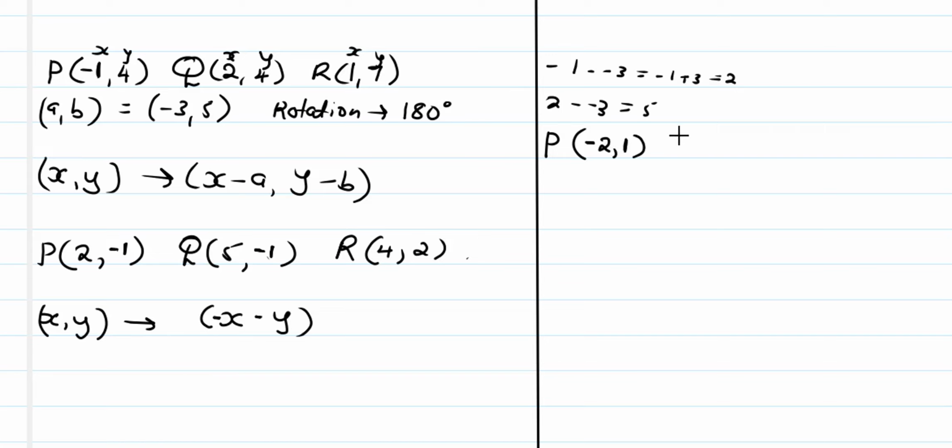So we go to q, and then it becomes, of course, negative 5. And we have negative 1 there, multiplied by this negative y, it will be positive 1. Then in r we have 4, so it will be negative 4, and then 2 will be negative 2, of course, like that.